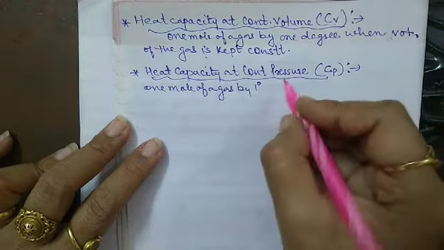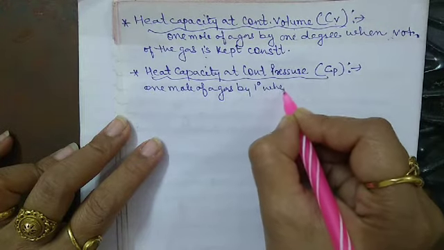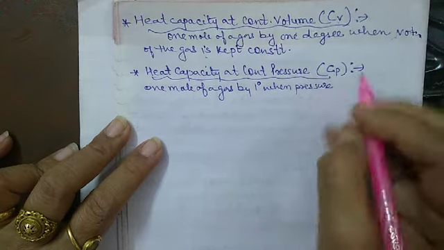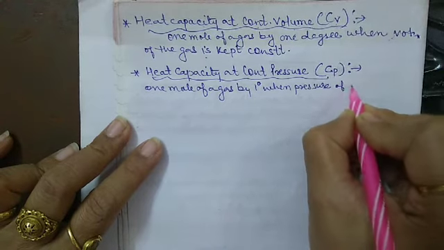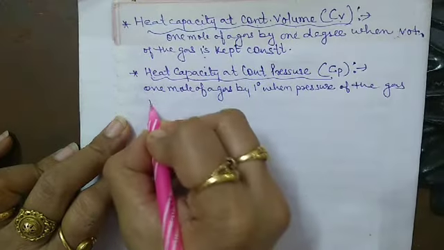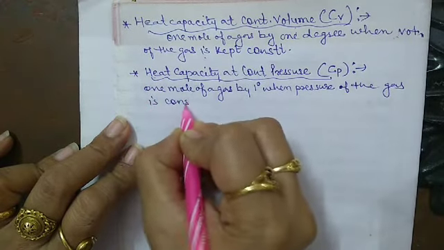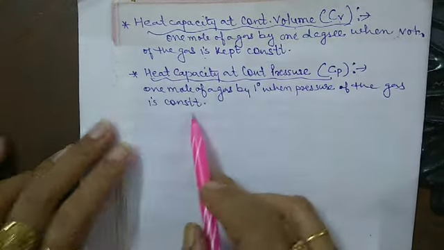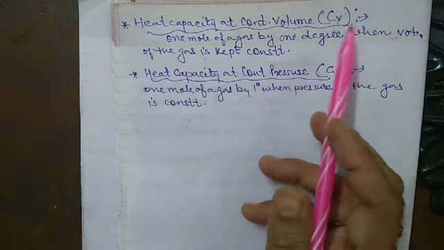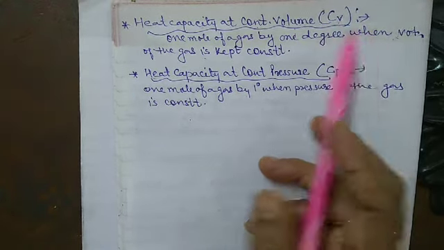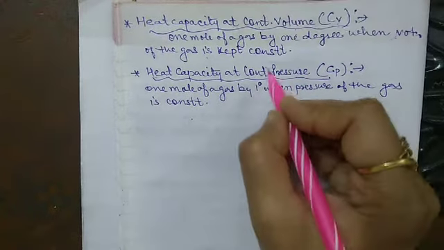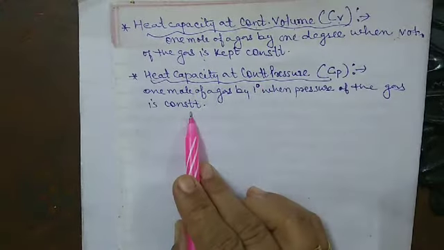And what will be the condition? When the pressure of the gas is constant. In the previous case the volume is constant, and here, since we have used the term constant pressure, the pressure will be constant.